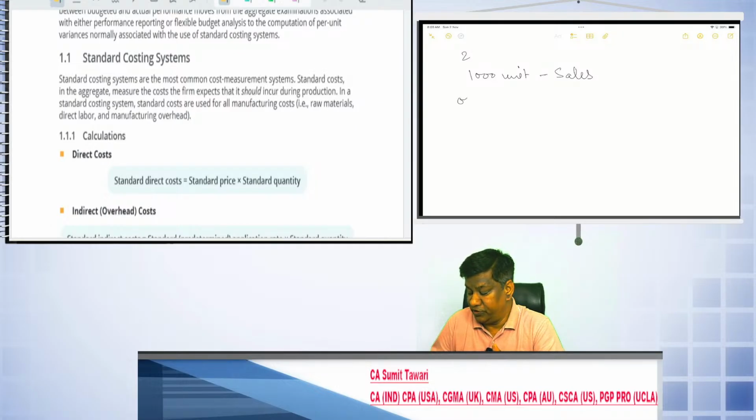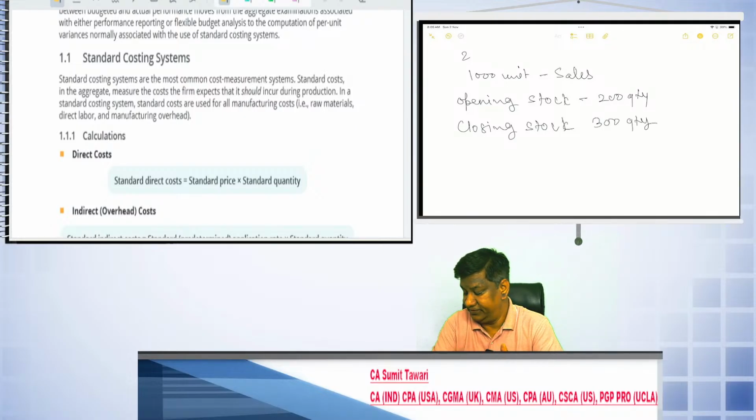Now, I have an opening stock of say 200 quantity, and I want to keep a closing stock of 300 quantity. So how much do I need to produce?